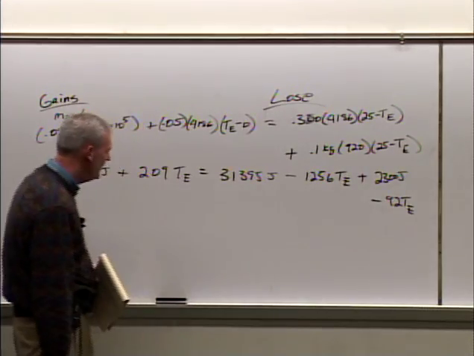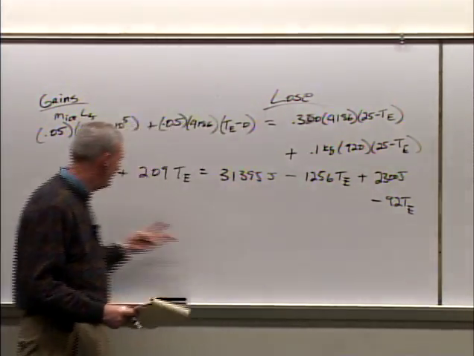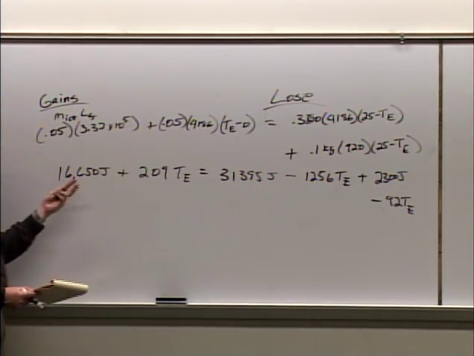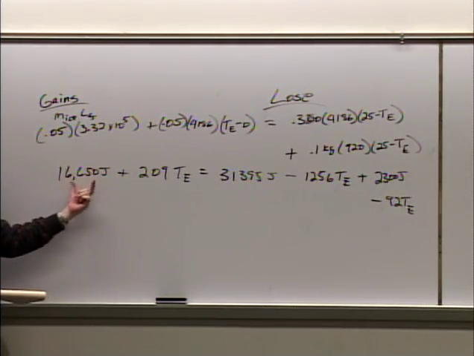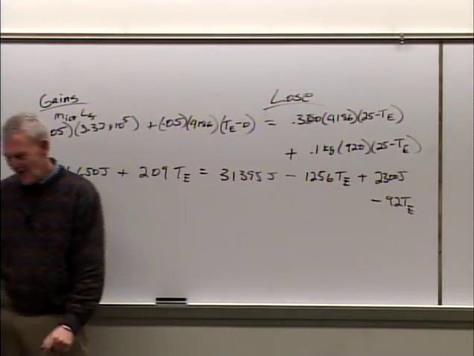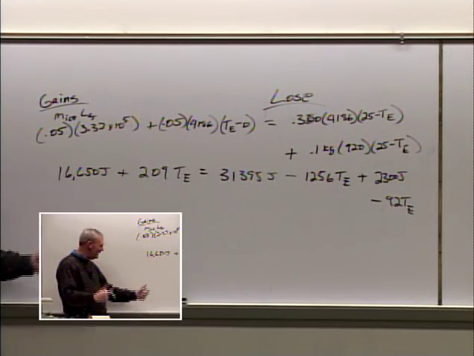Okay, so what we do is we add the T_Es to this side, subtract this joules here. It's going to work out nicely because we got 16,000 here minus this 31,000. I love when it comes out to be positive numbers. That means we've worked it correctly.